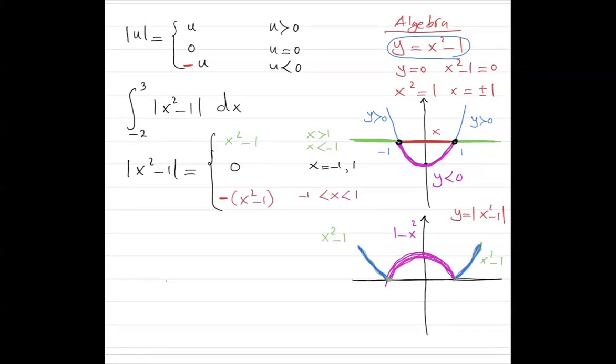I visualize the absolute value, I know how it behaves. But remember that your definite integral is between -2 and 3. From -2 to -1, you are on the left part, which is this part here.